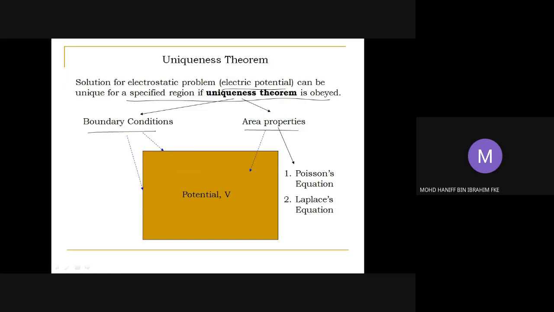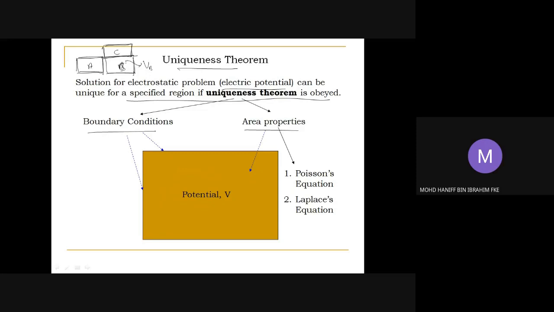Which means that if we have, for instance, region A, region B, and region C, these three regions are each bounded by their own boundary. So this theorem states that, if we take region B, the solution for the potential in region B, let's write it as V_B, is unique.